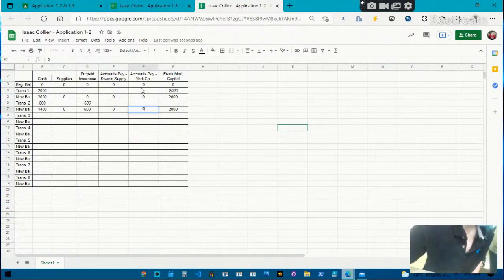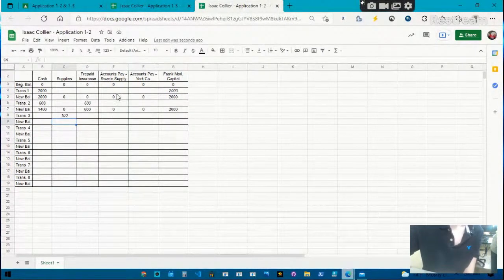Okay, so if you bought supplies, what's going to happen to supplies? They're going to go up. So we'd have $100 there, right? From what company? Swans. Okay, so put it in Swans. There you go.